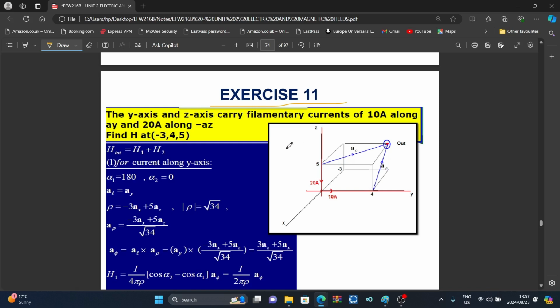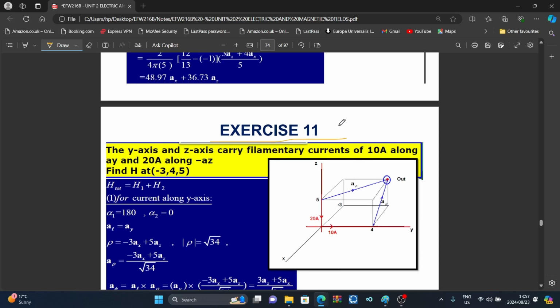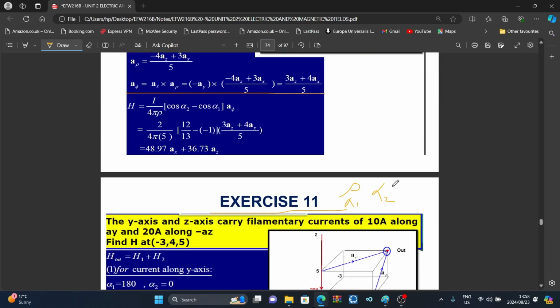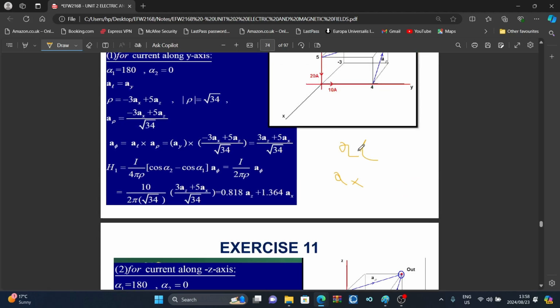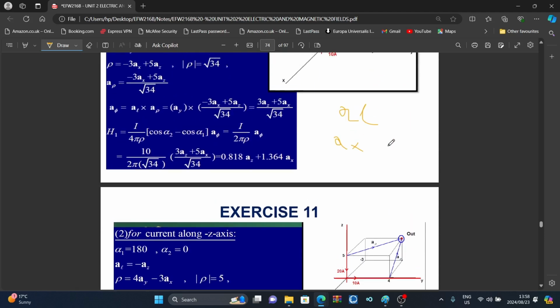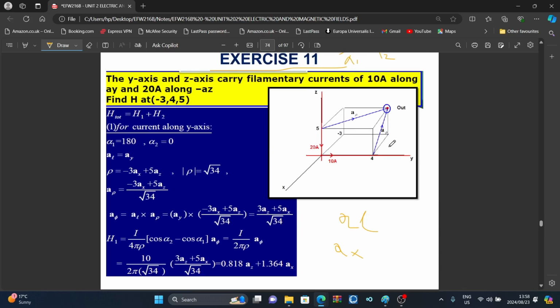For both of them, as I said, you need to find your phi, your alpha 1, your alpha 2. If you find these three values, then you're on the right track. Then you want AL, your direction for the unit vector, and your AX. If you find these five, just remember, it's not that complicated. Just look at it part by part, what you need to find to get to the final answer.